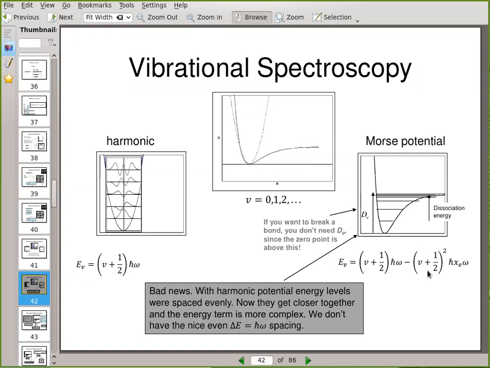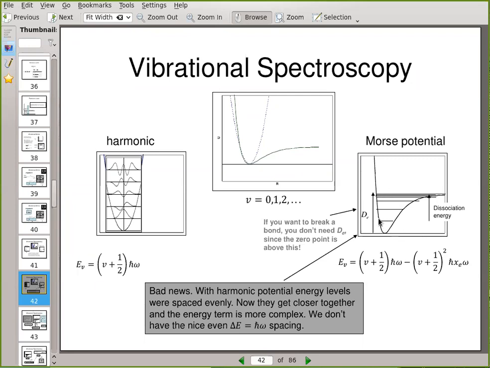Just before we carry on, this is the real situation for a diatomic system. You might think that if you've got atoms at equilibrium, you need to pull the atoms all the way to get them to break. You might think that putting this energy from the bottom to the top into a system is the dissociation energy, and it's not.